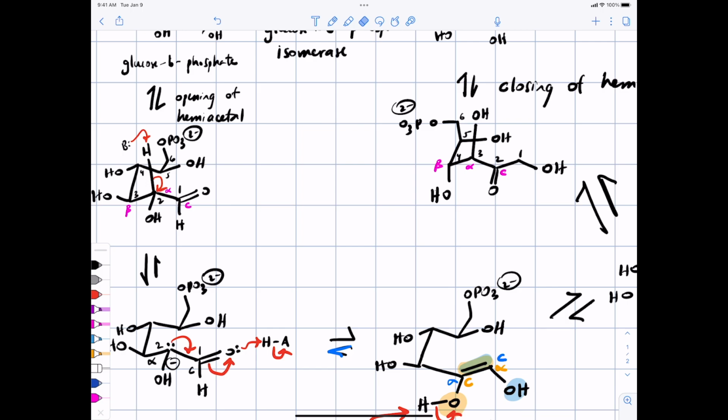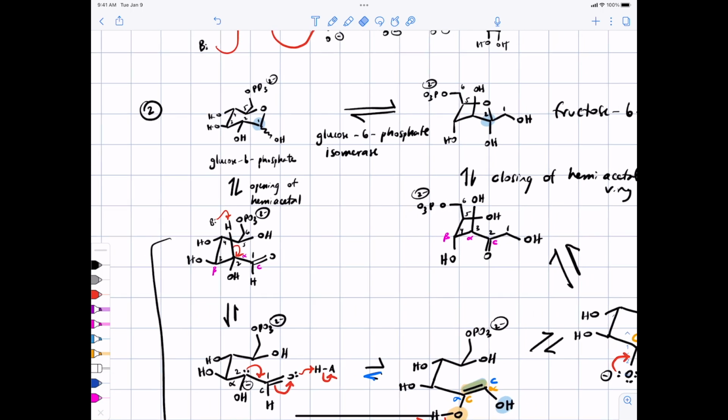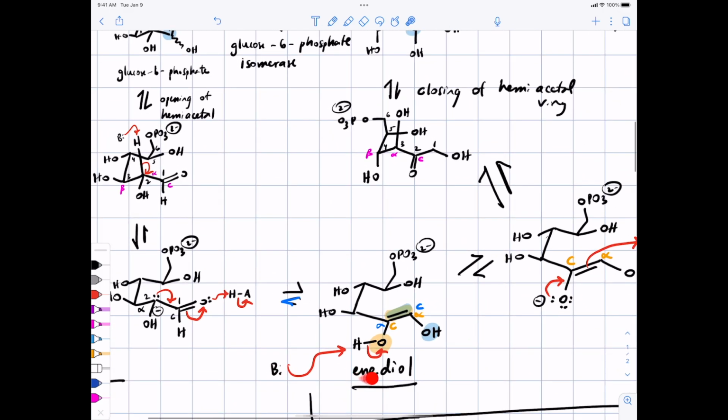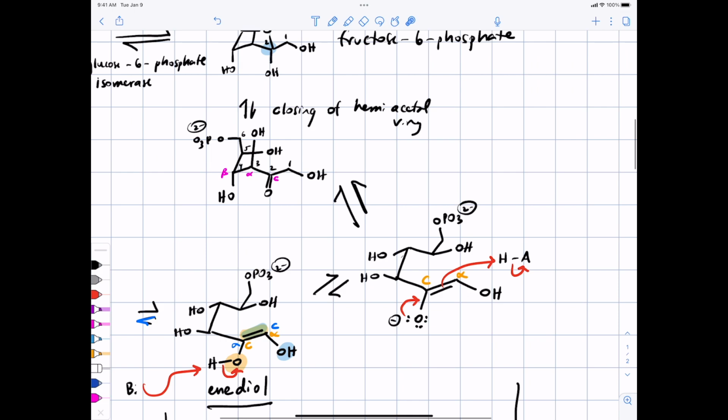What was the name of the molecule right before we got to the ketone? This is an enediol. This one? Oh, it's the enolate of the enediol. Okay, so then what was the name of the open chain form? Fructose 6-phosphate. Yep.